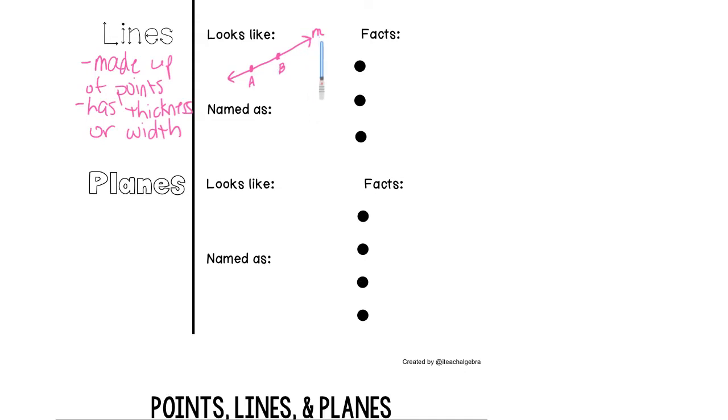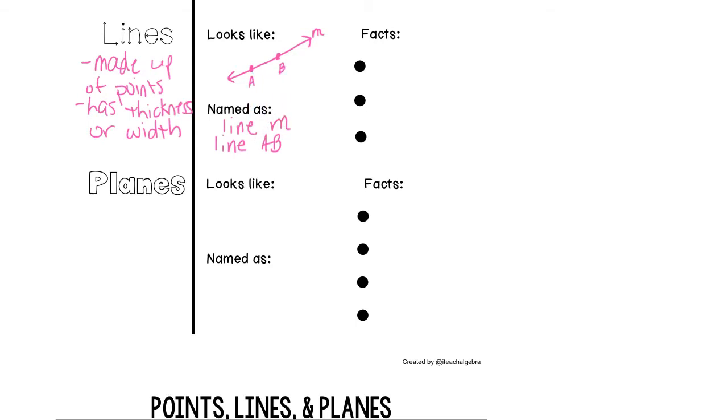Or it can just have a name of a line. So if we're going to name this line, we can name it after its name. So we could call this line M. We could call it line AB because those are the 2 points that we can see that lie along the line.